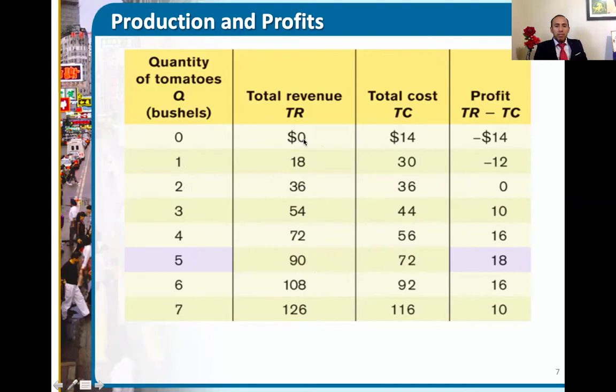It's changing from 0 to 18, 18 to 36 is an increase of 18, 36 to 54 changes by 18, 54 to 72 changes by 18, 72 to 90, revenue changes by 18. Revenue is always changing by the same amount, because they're always selling that additional unit at the same price. Your profit is the difference between your total revenue minus total cost. Here it happens to be that the profit is equivalent to 18 as well.